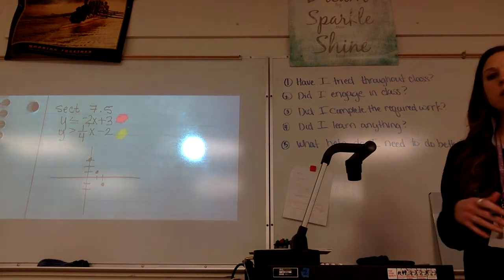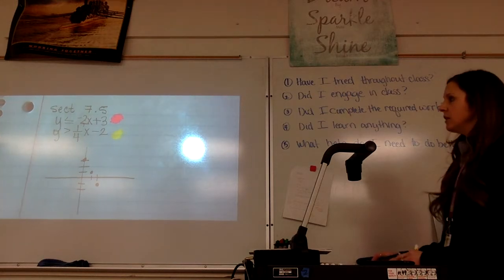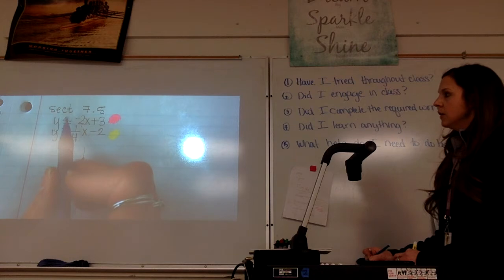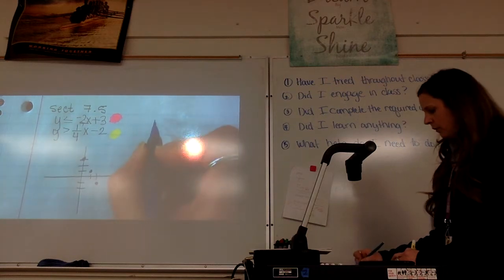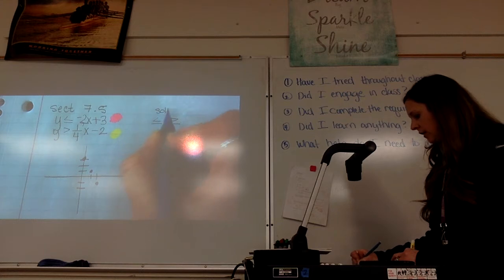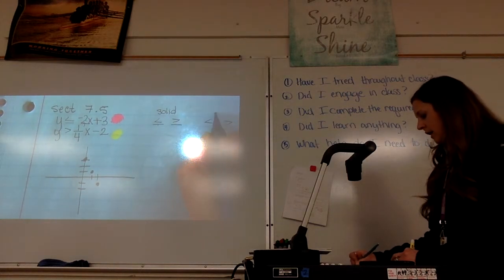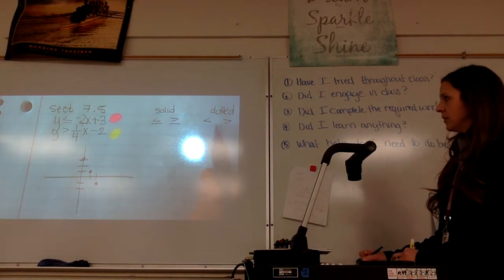All right, so for this graph, you want to pause and ask yourself 2 questions. This is going back to the thing that we did in chapter 6. Is it dotted or solid? So remember, these are solid lines because line equals line, and these are dotted because it doesn't have a line underneath it.